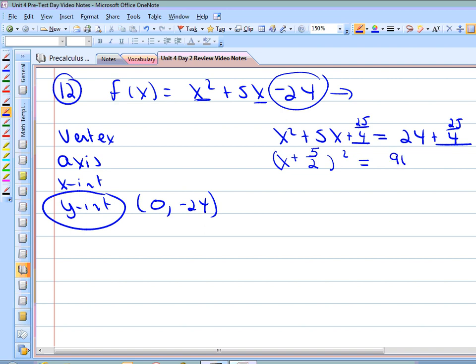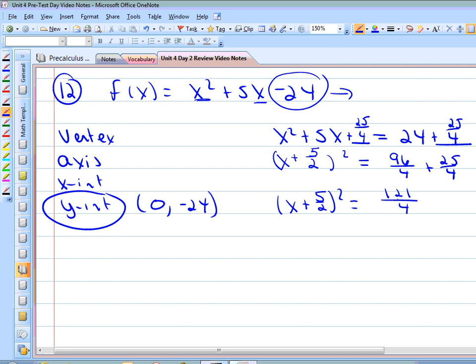So this really is 96 over 4 plus 25 over 4. So I have (x + 5/2)² equals, well, 96 and 25 is 121 over 4. All right, you should start to feel good about now because both of those are perfect square values.